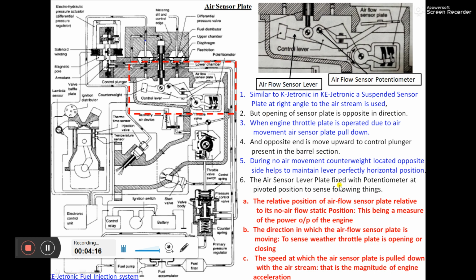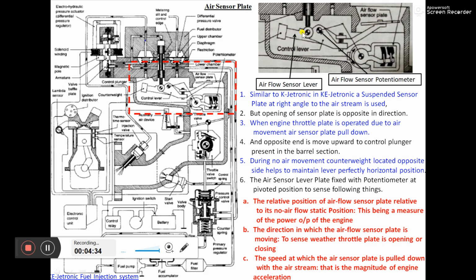After that, there are three things that need to be done by our potentiometer. First, it will inform about the position of your air sensor plate, whether it is fully open or fully closed.